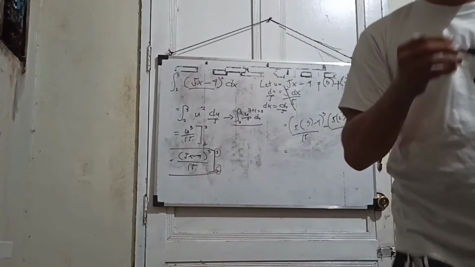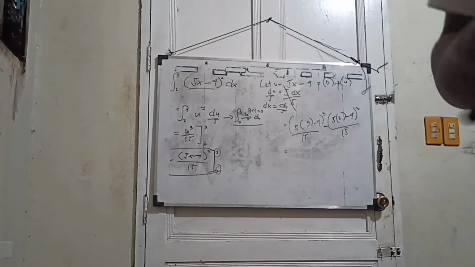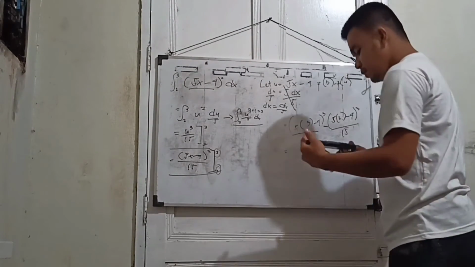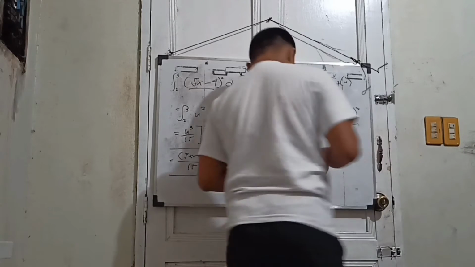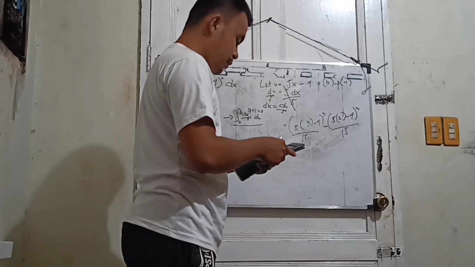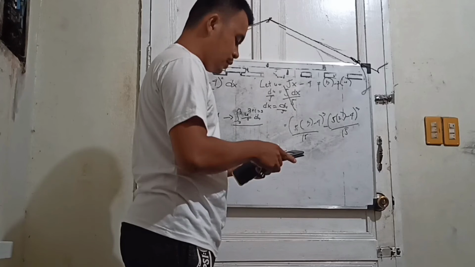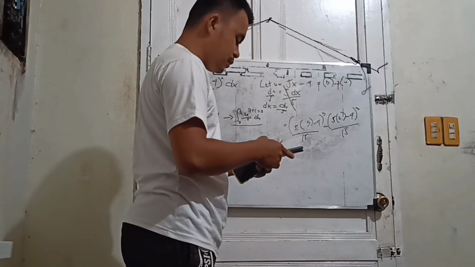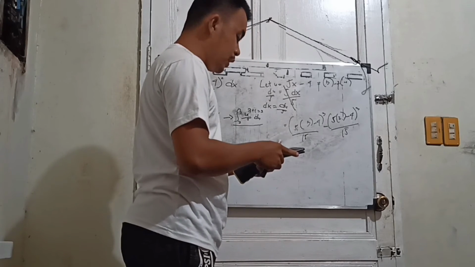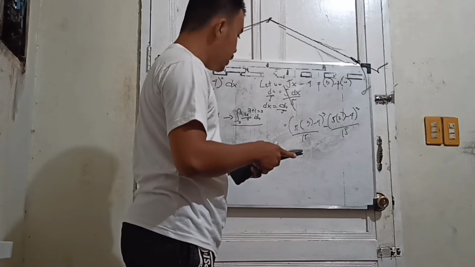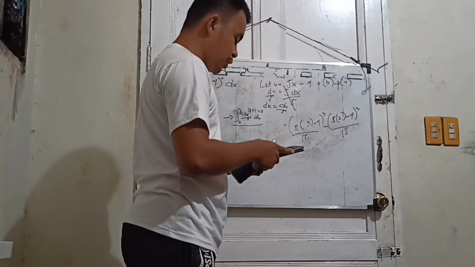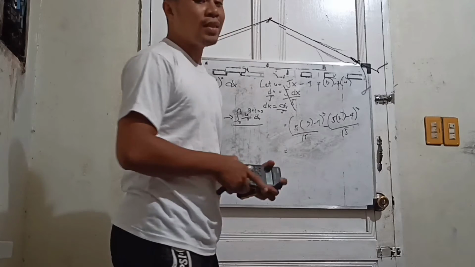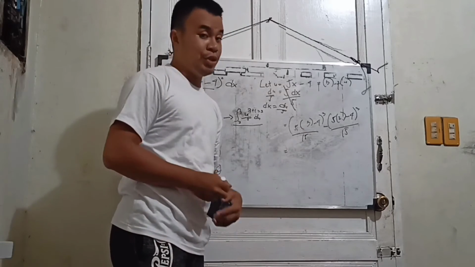So, 5 times 3 minus 4 raised to the third power is equal to 1,331.